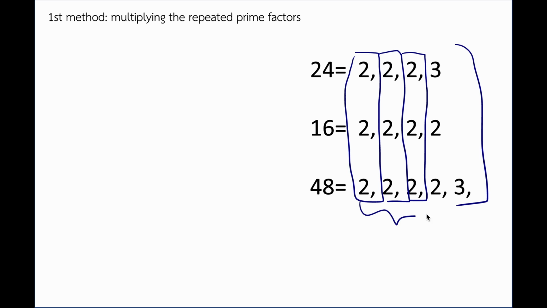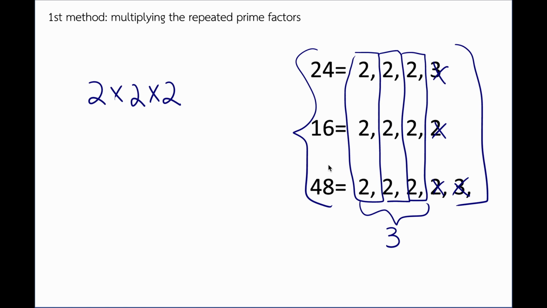That's 3 sets. We're going to write the 2 three times. Since this 2 or this 3 is not repeated in all of our lists, we do not count them. Only count the ones that are in all of your lists, no matter if you have 2, 3, 4, 5, or 6 numbers. So our GCF in this case will be 2 times 2 times 2. That gives us 8. The GCF of 24, 16, and 48 is 8.